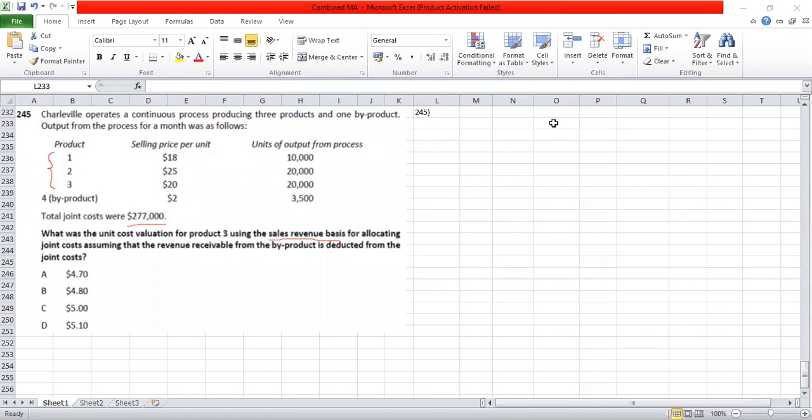So the products are 1, 2, 3 and 4. 4 happens to be a byproduct.